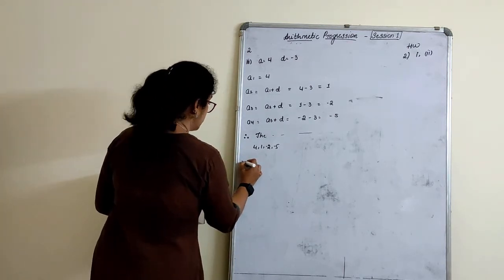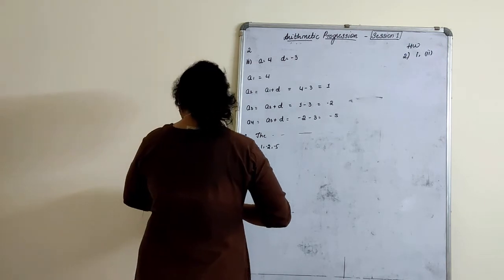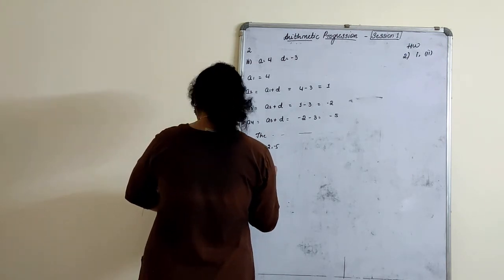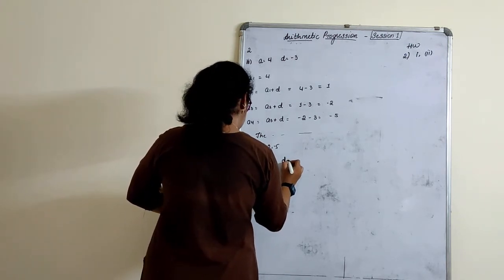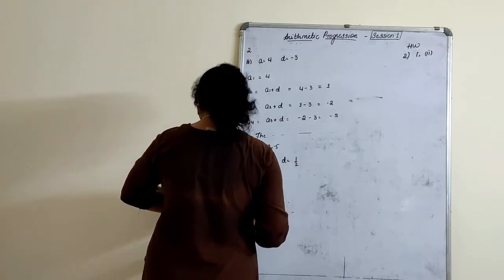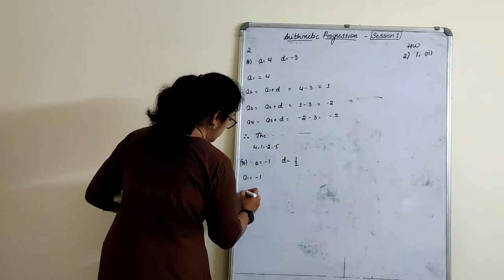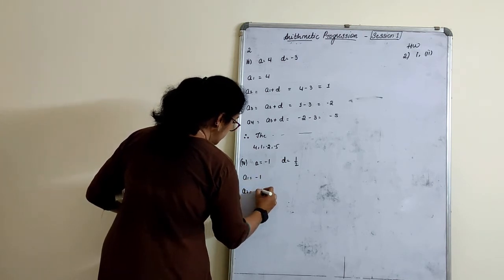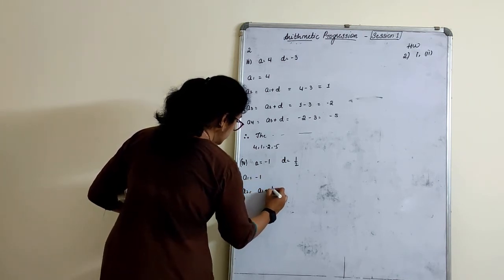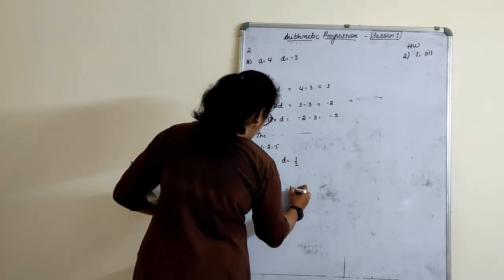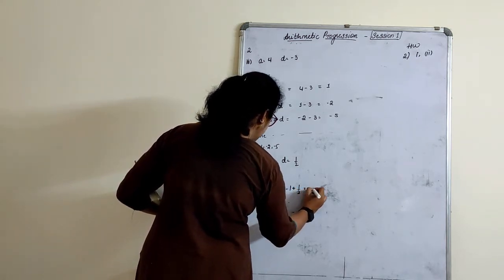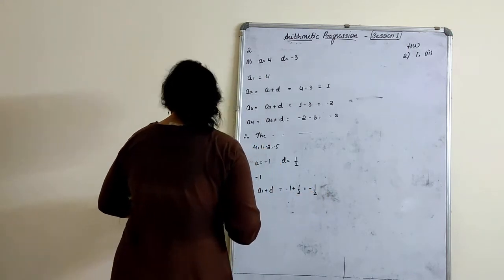Next one, that is the fourth one here. It is a is equal to -1, d is equal to 1 by 2. So a1 is equal to -1. Second term is equal to a1 plus d. -1 plus half, it is -half. Right?